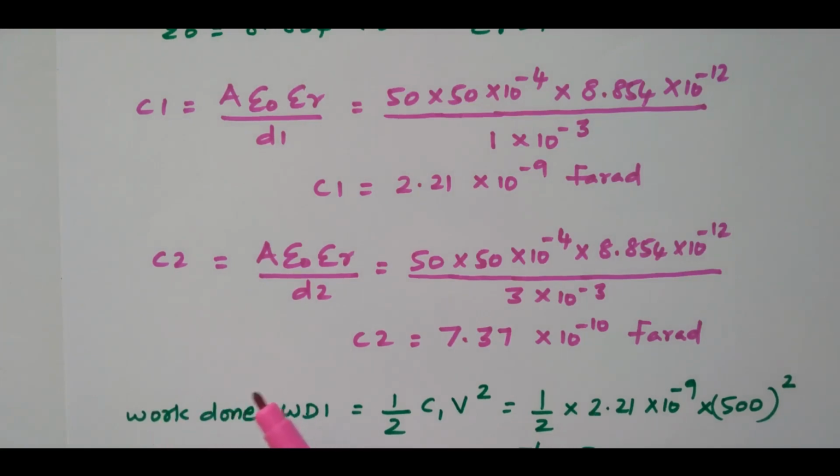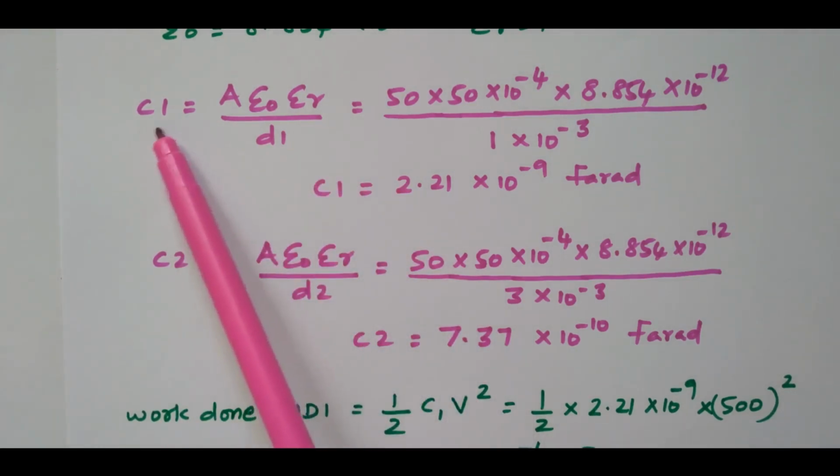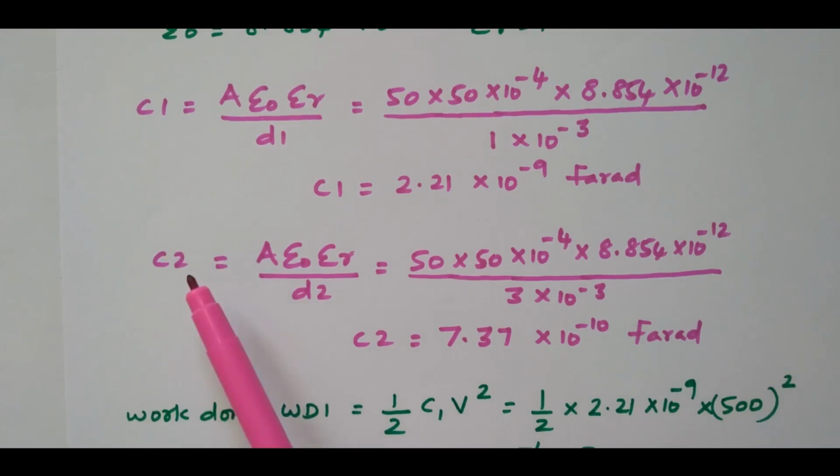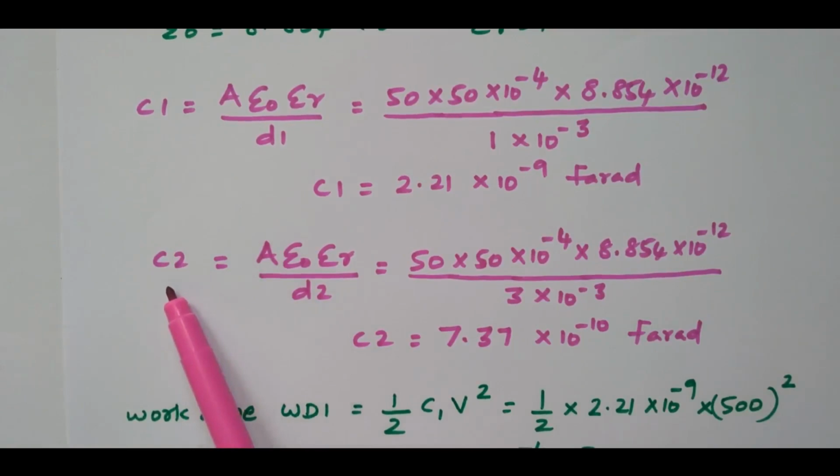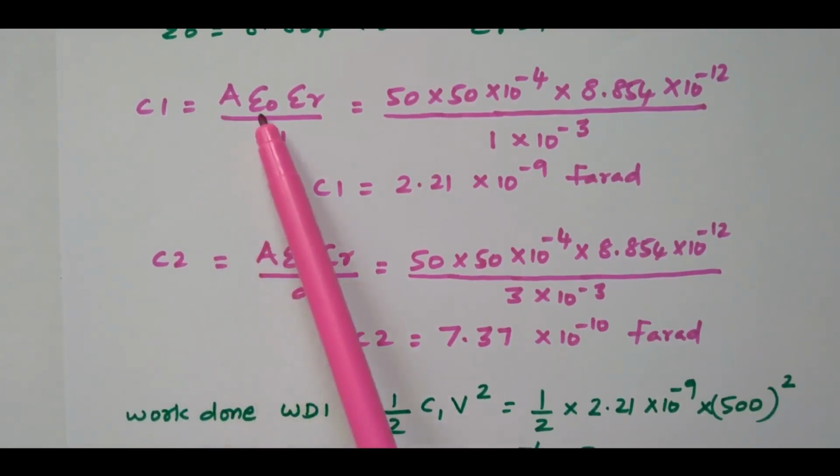So the distance goes from 1 millimeter to 3 millimeter. First we consider 1 millimeter and calculate the C1 value. Then we consider 3 millimeter and calculate the C2 value. So C1 is A epsilon naught epsilon r divided by D1.